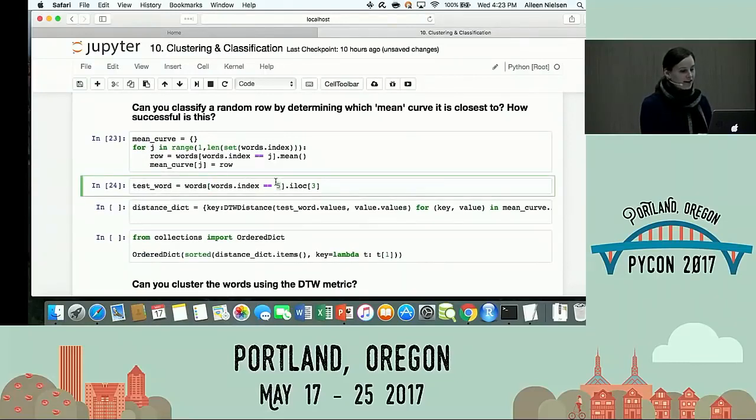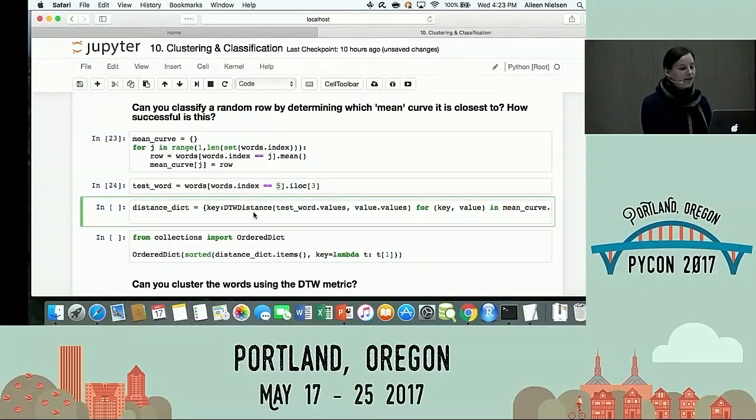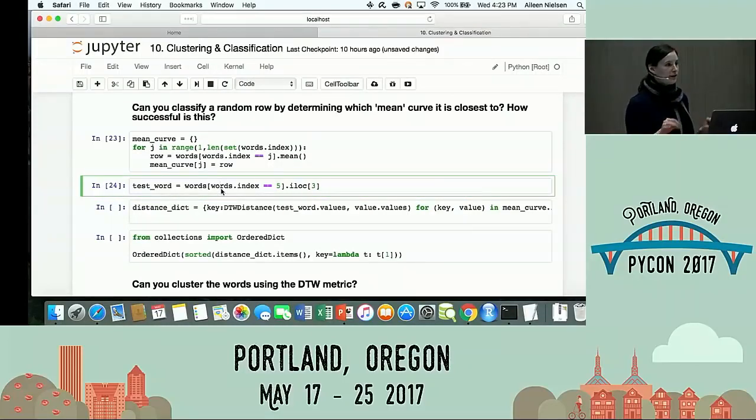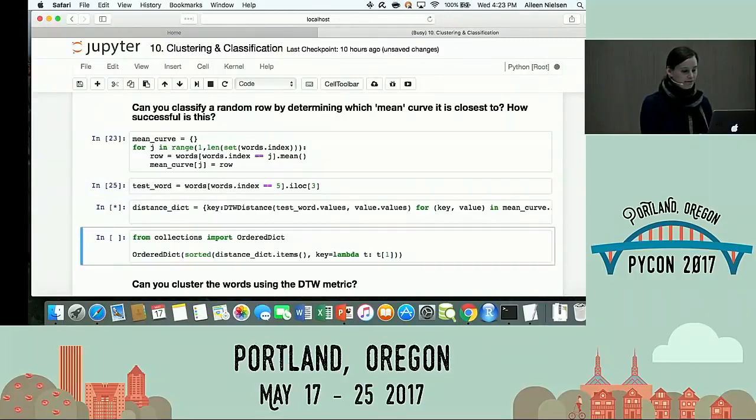In this case, my test word is of type 5. I'm going to calculate a distance dictionary where I calculate the distance from my test word to each of the idealized forms of the 50 kinds of words I have. So I'm going to do that. It's probably going to take a little while, right, because it's not super fast.